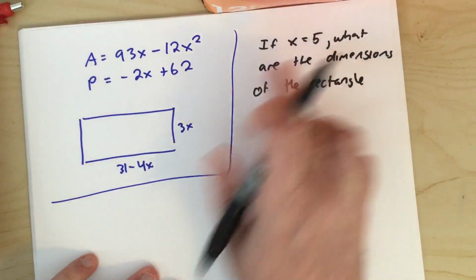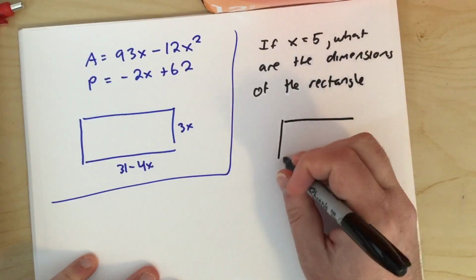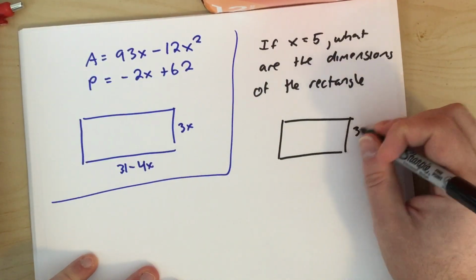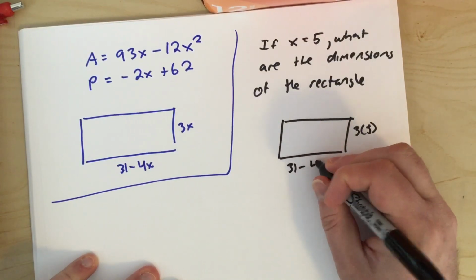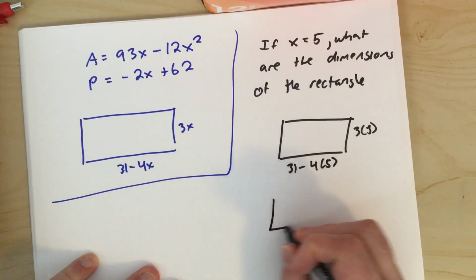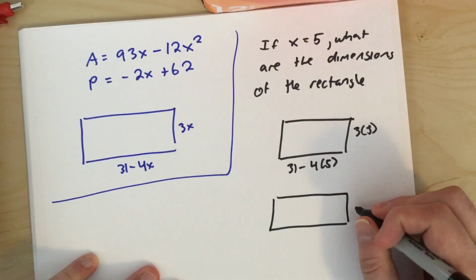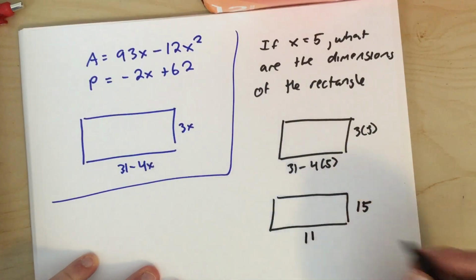So x is 5, so this side is going to be 3 times 5. This side is going to be 31 minus 4 times 5, which means that this rectangle is 15 by 11.